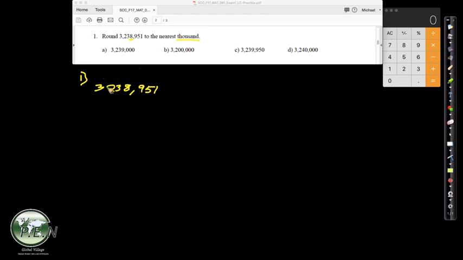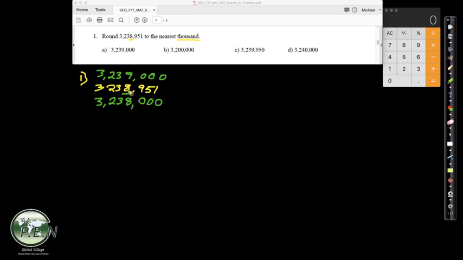It will either get rounded up to 3,239,000, or it will get rounded down to 3,238,000. Now we don't think of this so the 8 didn't go down, but the number itself has gone down.